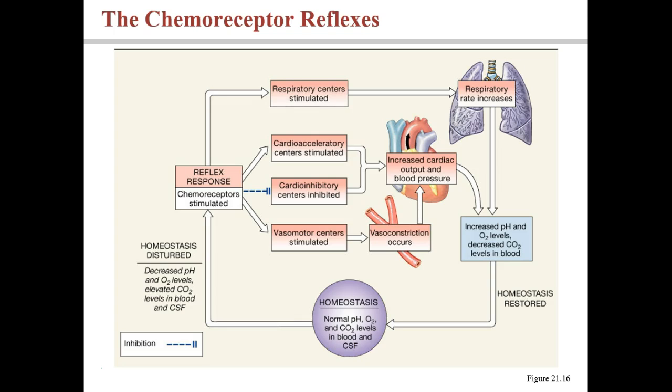And the respiratory rate increasing is going to allow hydrogen ions to be breathed out, and also carbon dioxide to be exhaled. But in order for that to filter the blood, filter in quotes, you need to increase heart rate also, and increase vasoconstriction.